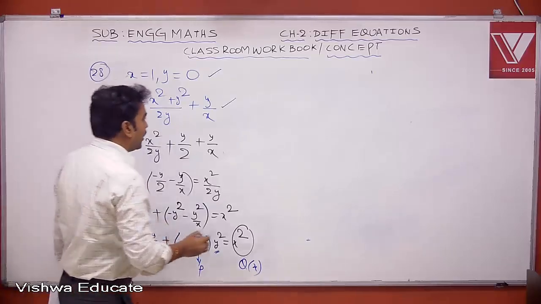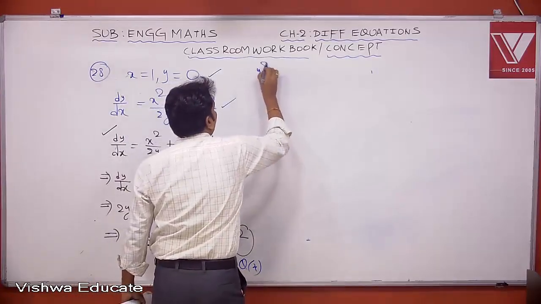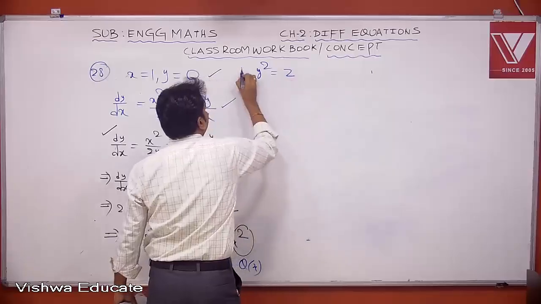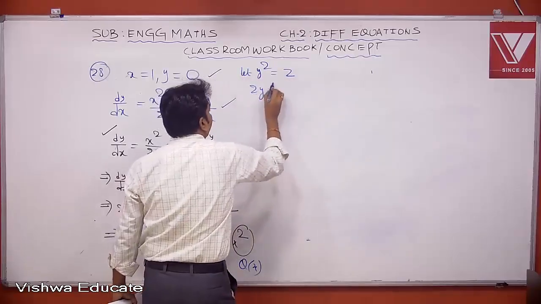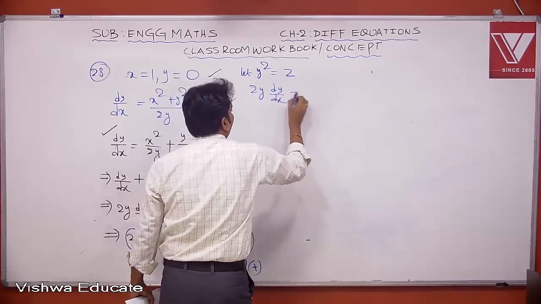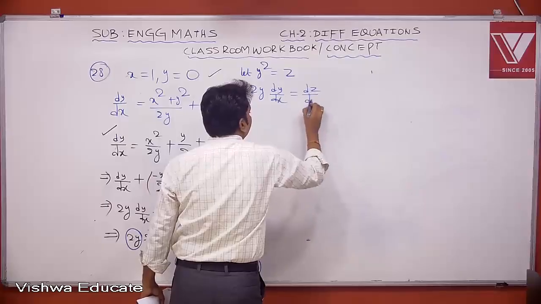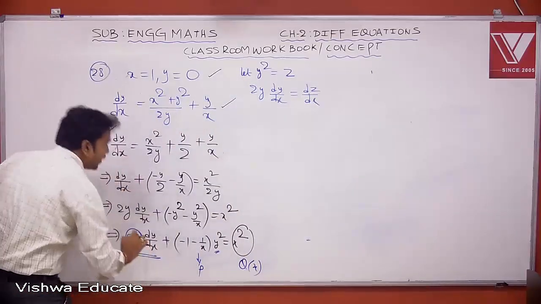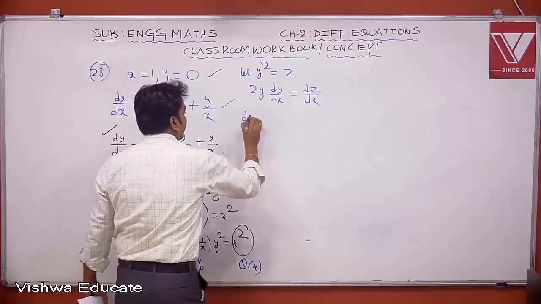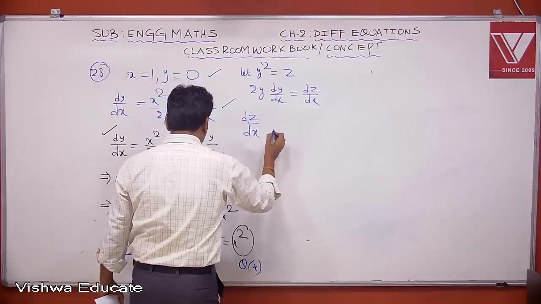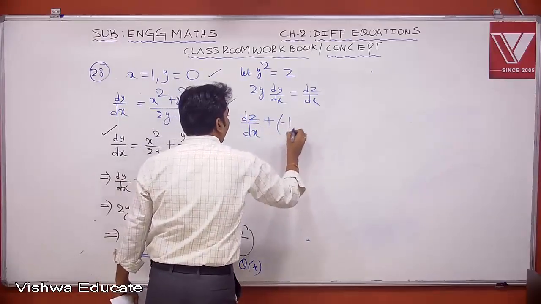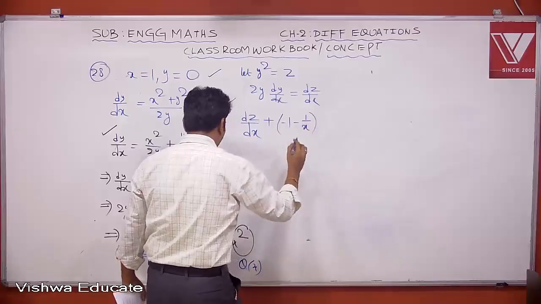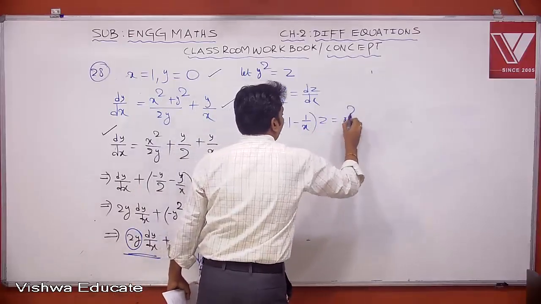Therefore I will take y square equal to some new variable z. Therefore 2y into dy by dx equal to dz by dx. So this equation becomes dz by dx plus minus 1 by x into z equal to x square.